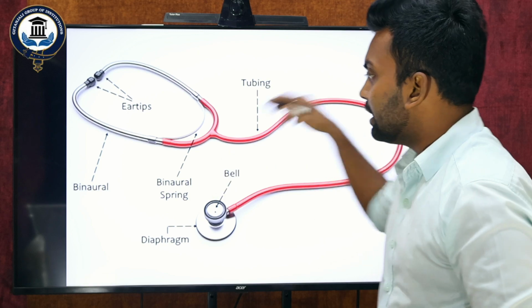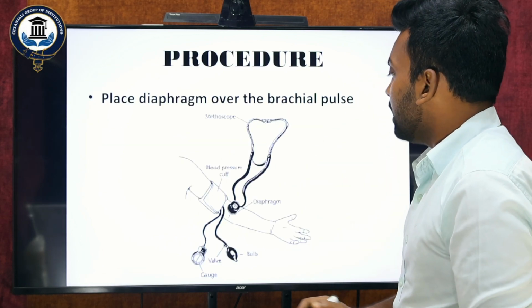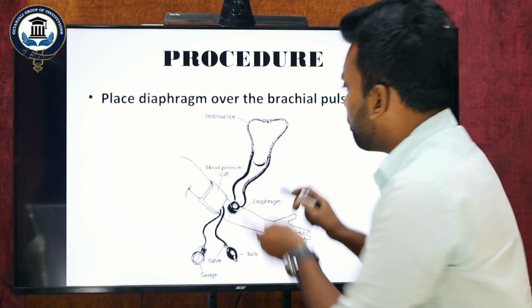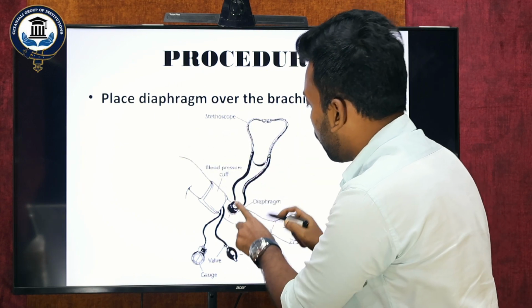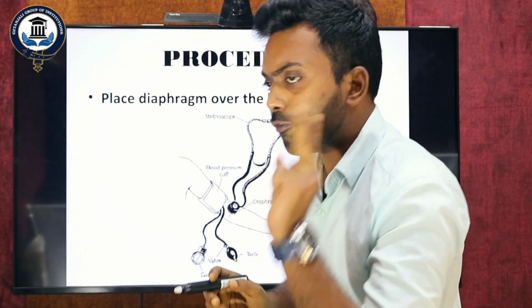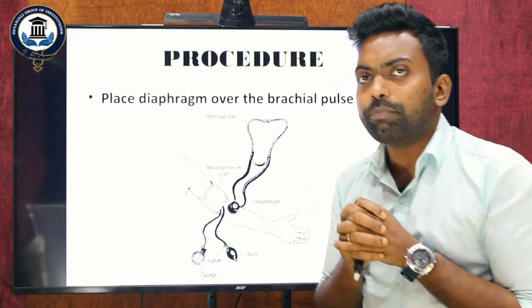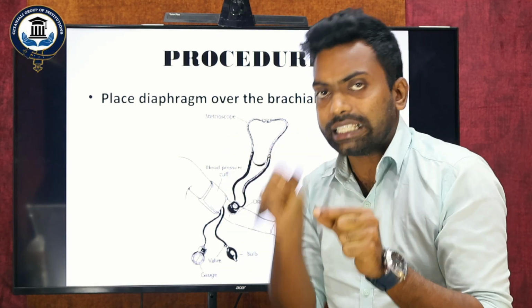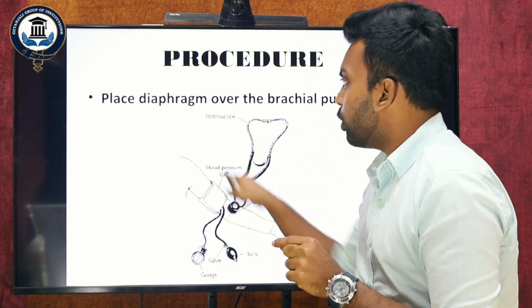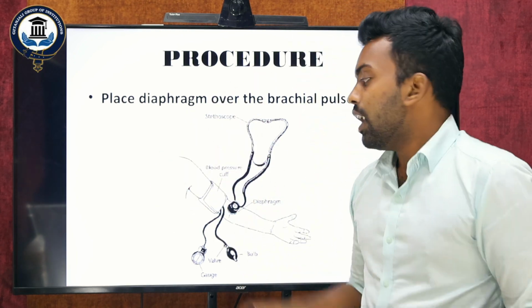So these are the exact parts of the stethoscope. Place the stethoscope over the brachial artery. Here is the only difference between the manual method and the auscultation method. When you auscultate, place the stethoscope diaphragm on the brachial artery, point it, note it.